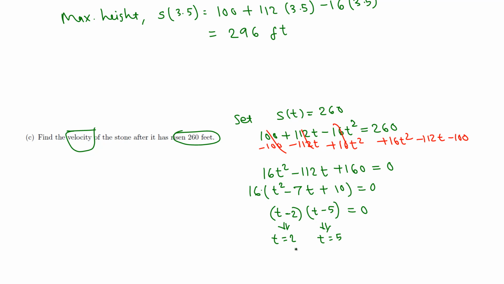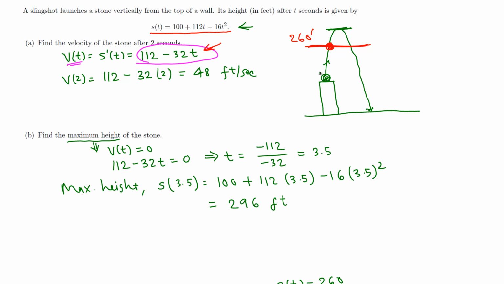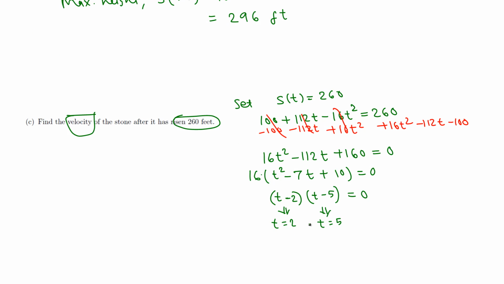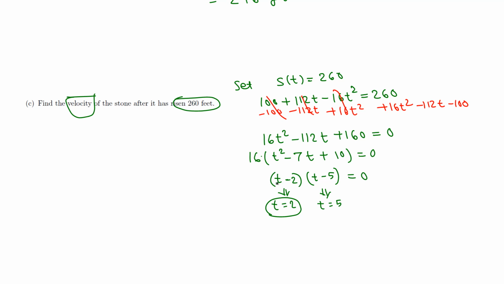That means it takes 2 seconds to get to the 260 feet height going up, and the other time is when it comes back down and hits 260 again. But we want when it has risen 260 feet, so we take t equals 2, on the way up.